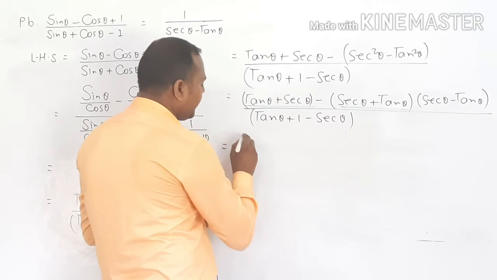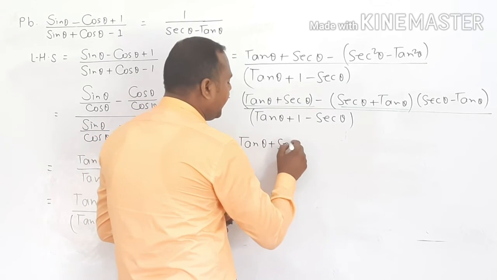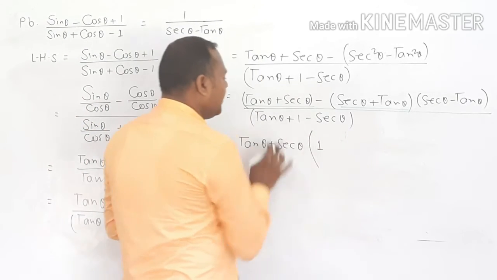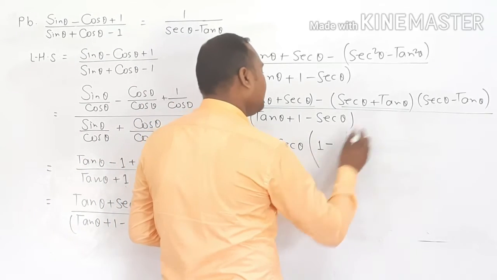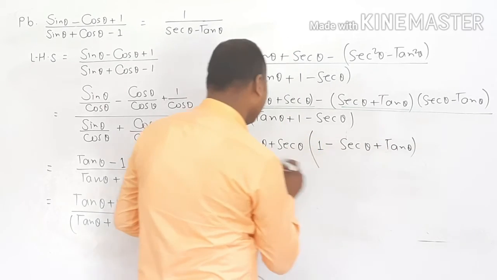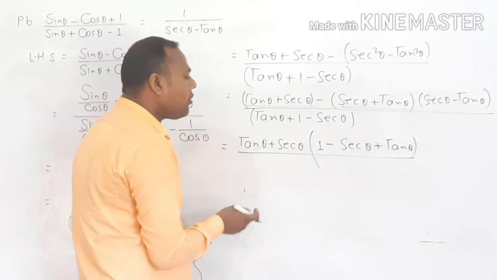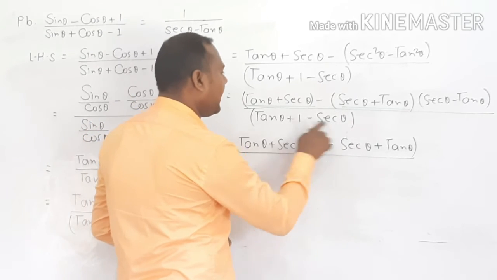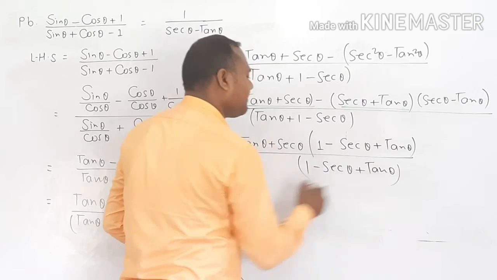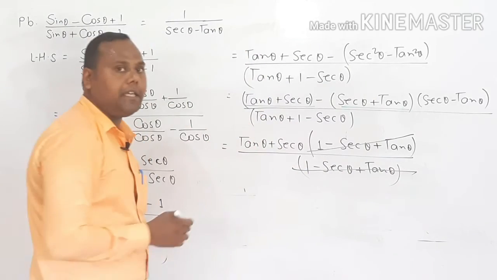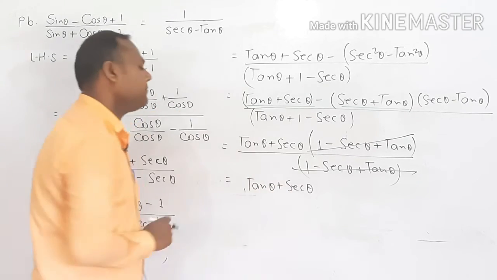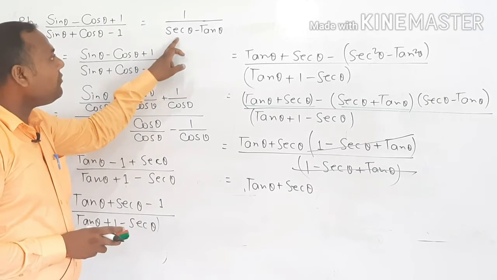After taking it out, 1 is left here, 1 minus sec θ, and minus into minus plus tan θ, divided by, we can also arrange it as 1, then minus sec θ, and then tan θ. Now this part and this part cancel out, and we get tan θ plus sec θ.